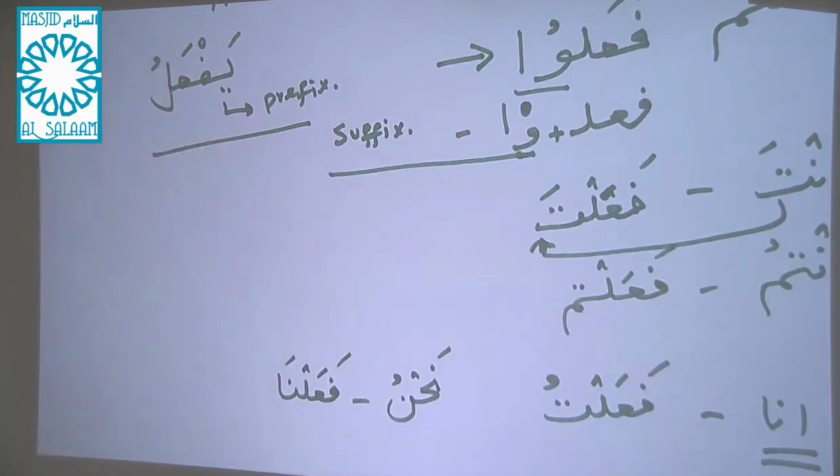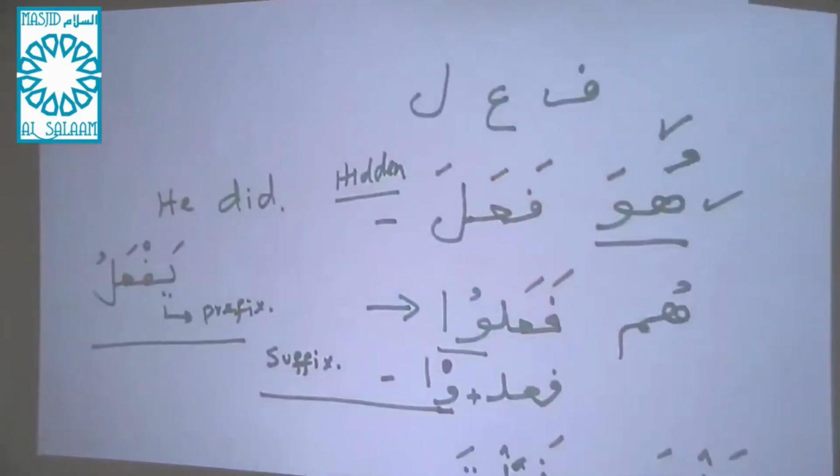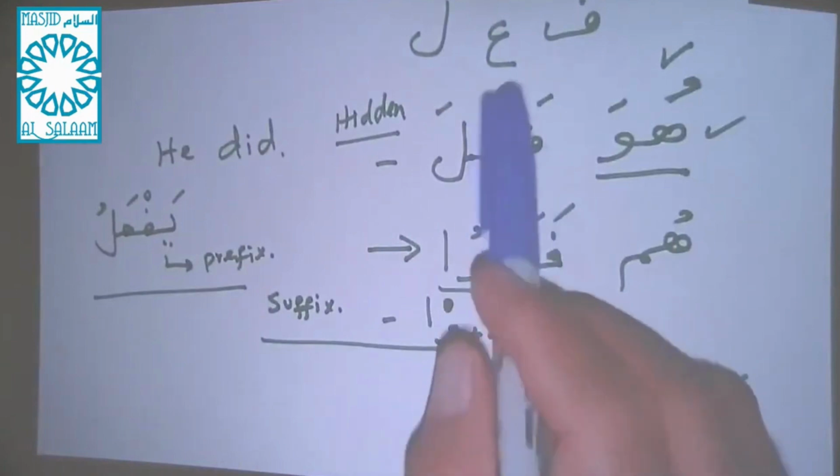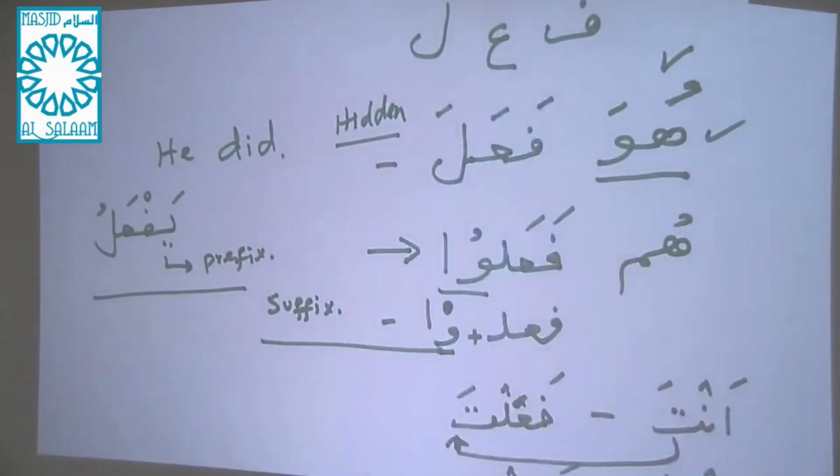Got it? So that is the one thing I wanted you to know: in fi'l al-maadi, the pattern the Arabic grammar people want you to learn is fa, ain and lam. They are your default learning pattern, and with this pattern you are going to make a lot of other verbs, you just follow them.